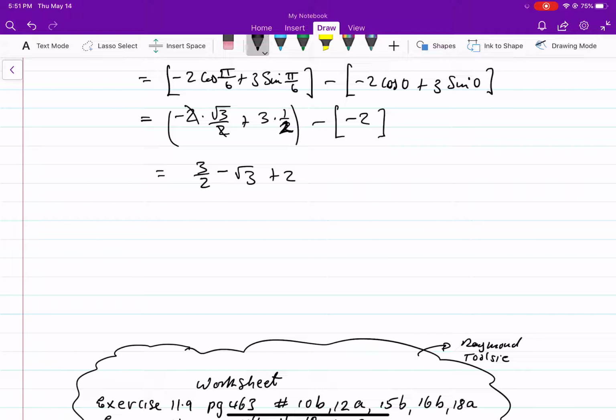Minus and minus gives me a plus 2. So minus root 3 and plus 3 halves. Okay, 3 halves plus 2. 2 is 4 halves. 3 halves and 4 halves is 7 halves. That's 7 halves minus root 3. If I write it as a single fraction, 7 minus 2 root 3 upon 2.